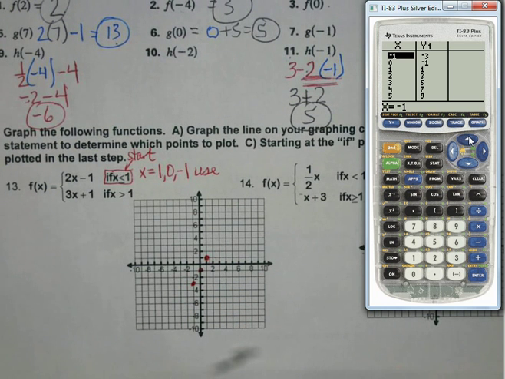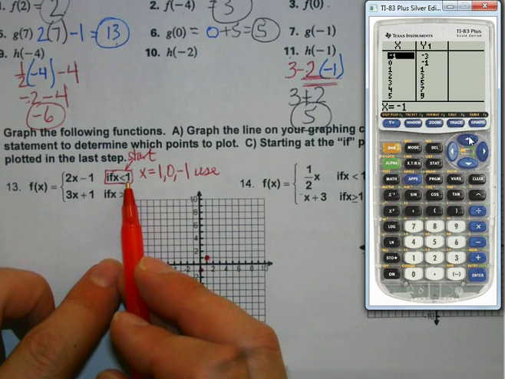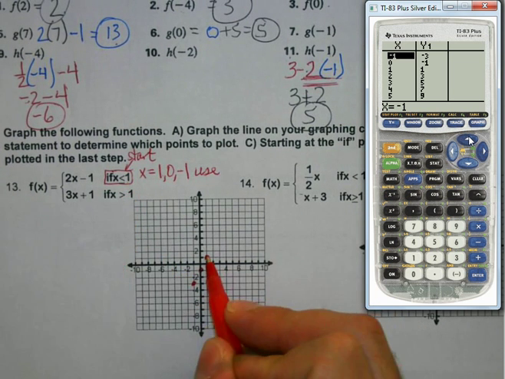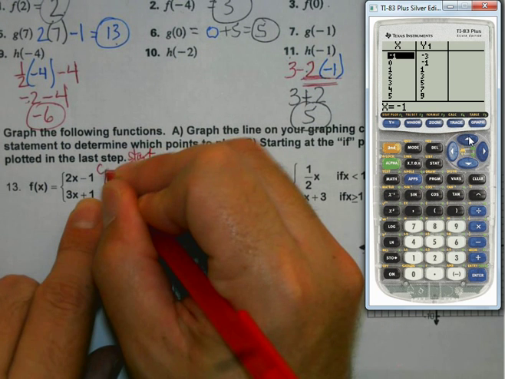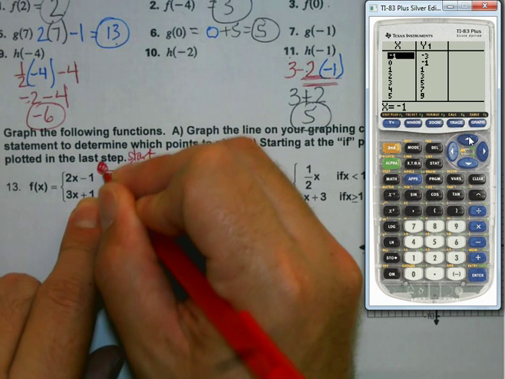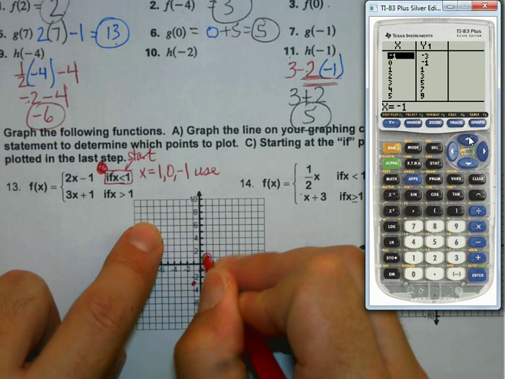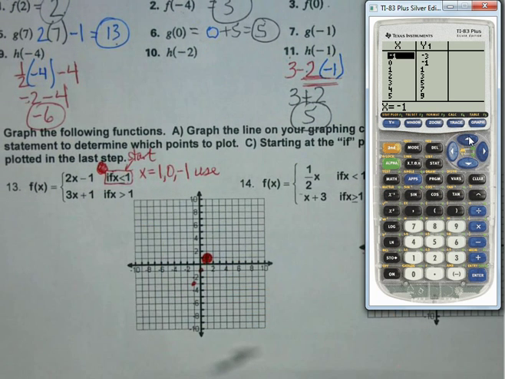You're like, okay, so what? I got 3 dots. So once I get the 3 dots, I'm starting at 1. Okay, so I'm starting here. If it's or equal to, I'm going to use a nice big closed dot to show the or equal to. So I'm going to jumbo size the first dot.